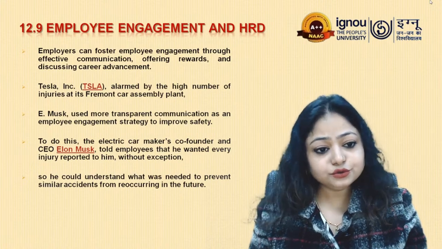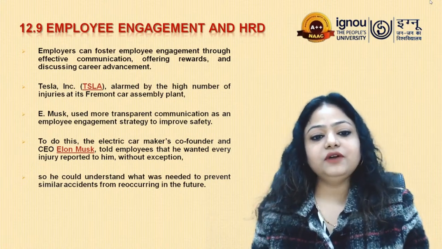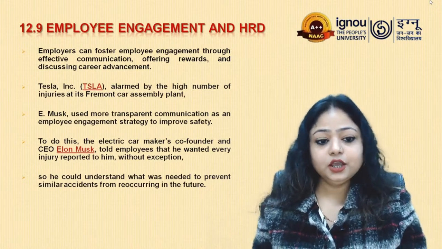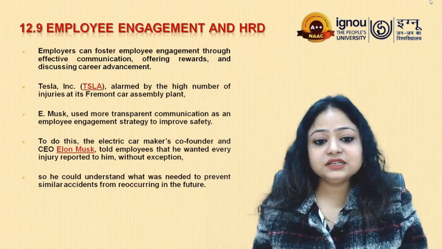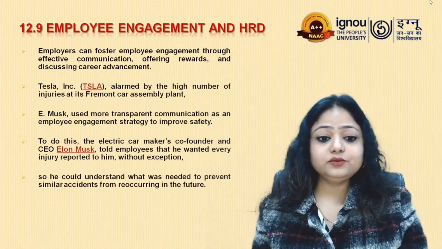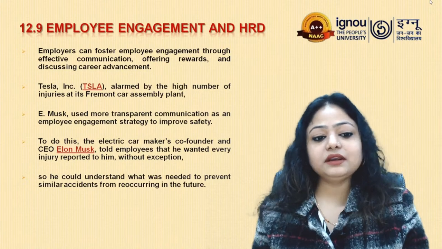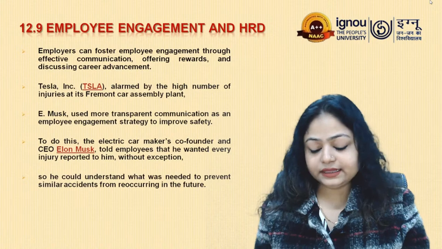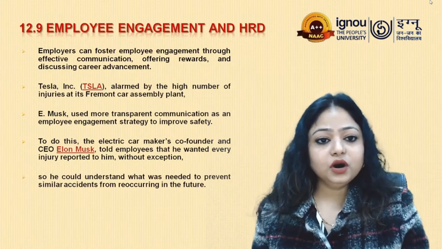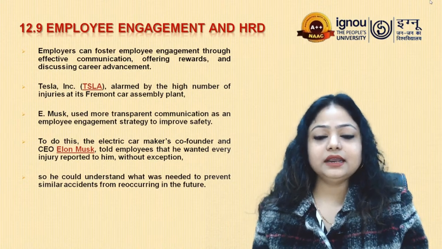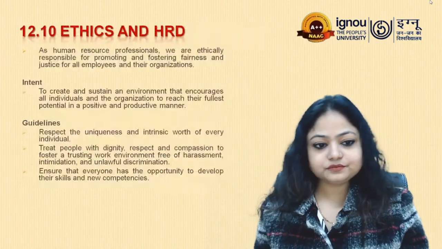To do this, the electric car maker's co-founder told the employees that he wanted every injury to be reported to him without exception. Now he was able to understand what was needed to prevent similar accidents from recurring in future. In this way, they enhanced their overall work culture, and a reduction was seen in the accident rate at the plant.